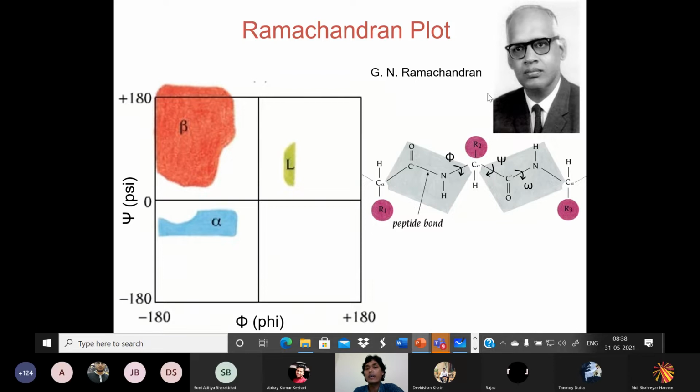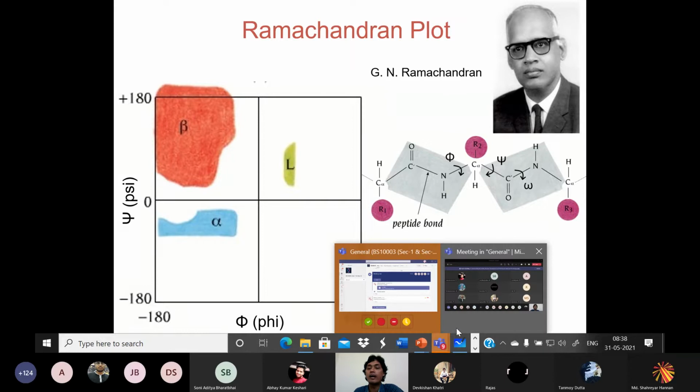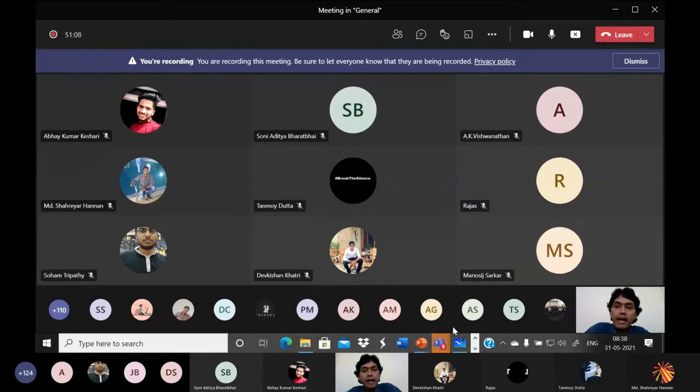But what I would like to say is, Ramachandran was studying at IISc Bangalore a long time back, in the Department of Electrical Engineering. I'm sure electrical engineering students are also here, but you don't need to think about it. After one or two years, he thought that electrical engineering was not suiting him, so he came to the physics department at IISc Bangalore.